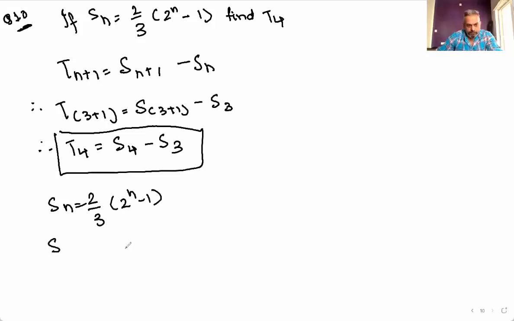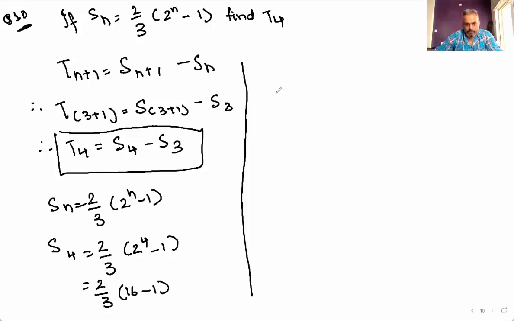So S4 is equal to 2 by 3 into 2 raised to 4 minus 1, which is equal to 2 by 3 into 2 raised to 4 is 16 minus 1. So S4 is equal to 2 by 3 into 16 minus 1 is 15, which is equal to 10. So therefore S4 is equal to 10.